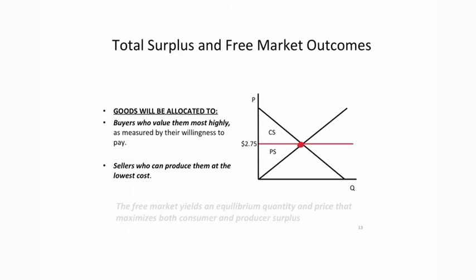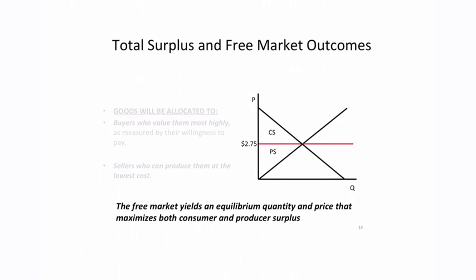So therefore, at the point of equilibrium, if we label that E, we are maximizing consumer surplus, and we are maximizing the area of producer surplus. So therefore, we argue that once we reach the free market outcomes and reach our equilibrium point, we have the most efficient allocation of resources, the maximum level of consumer surplus, the maximum level of producer surplus, and this is the optimal outcome for all economic agents interacting in this market.